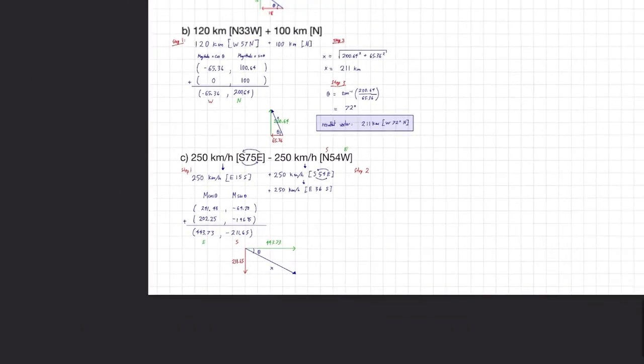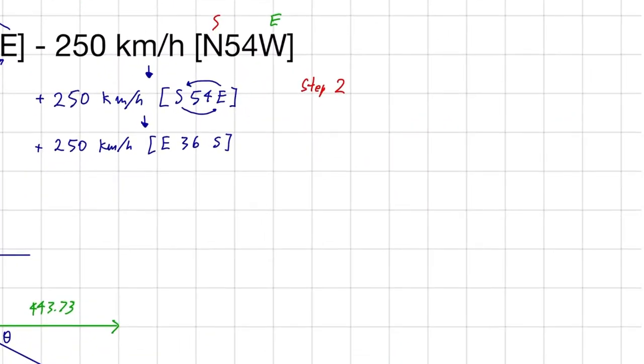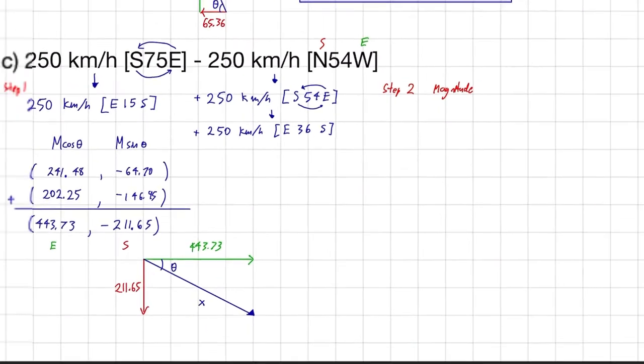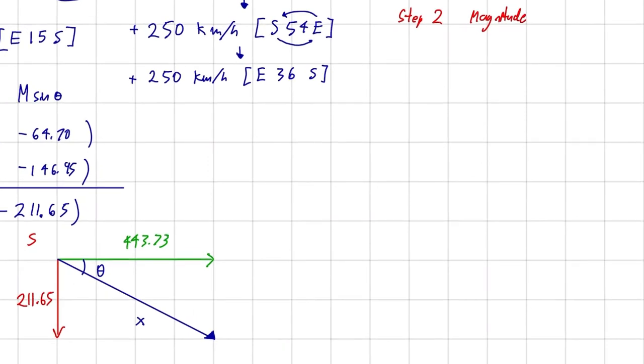Step 2, where we are going to calculate the magnitude. So to calculate the magnitude, once again, same as previous examples, x is the hypotenuse of our triangle. Actually, let me bring this one over. It shows a triangle with theta inside. So x is equal to the square root.